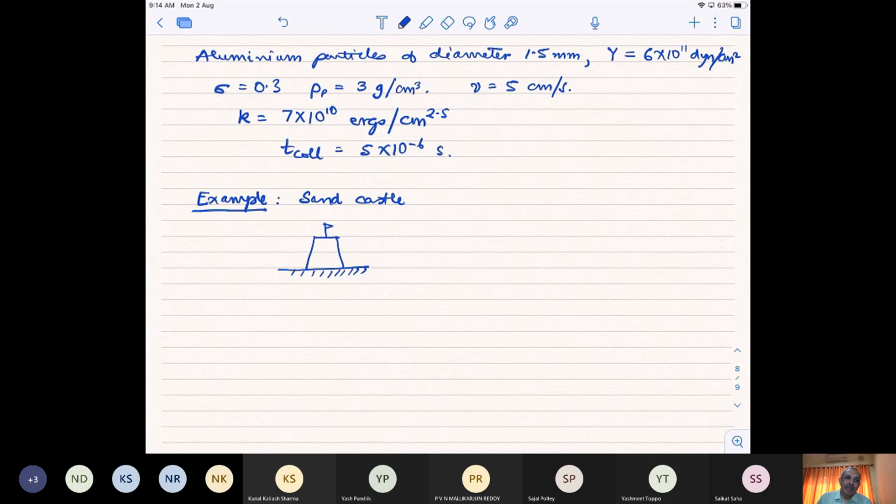So what is happening? These are all sand particles. But if it's dry, this will never happen. If you take dry sand, it'll just go like this. There's no way that you can make a sand castle with dry sand.